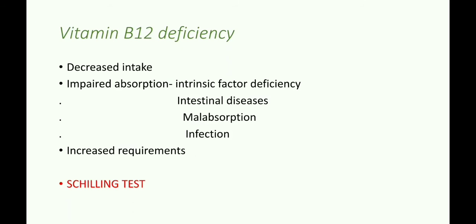Vitamin B12 deficiency may be due to decreased absorption, that is when you get intrinsic factor deficiency, or maybe in some intestinal disease, some kind of malabsorption or some kind of infections that can impair the absorption of vitamin B12.